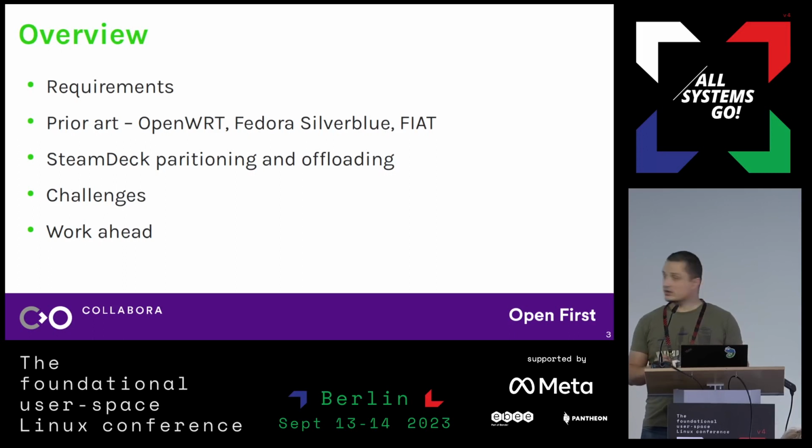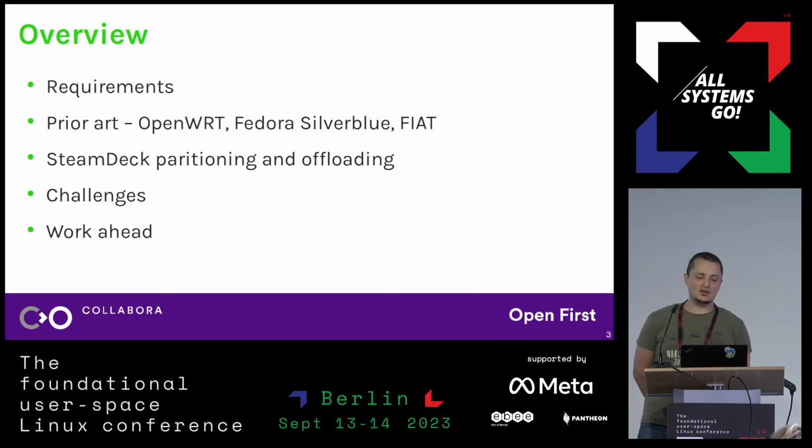So let's start with a very brief overview. Obviously, we're going to have a summary of what our requirements are. And when I say our, that's just my understanding of it, so take that with a big grain of salt. Then I'm going to briefly mention some other prior art.